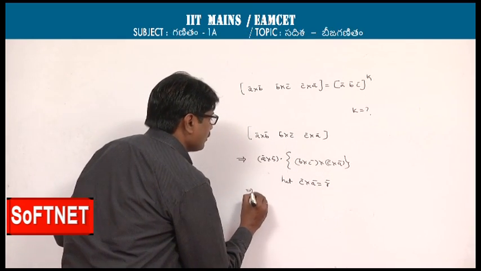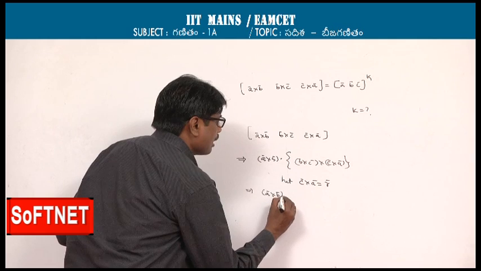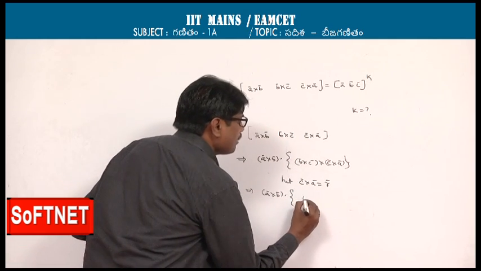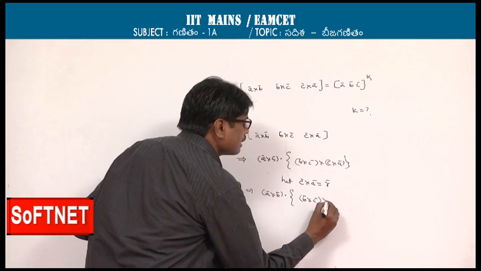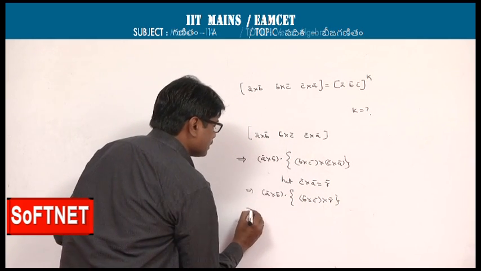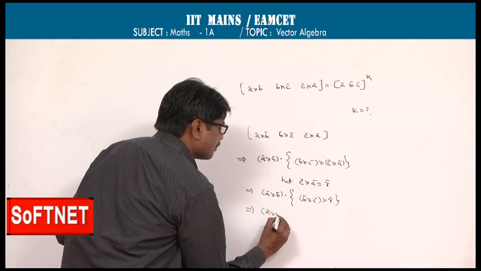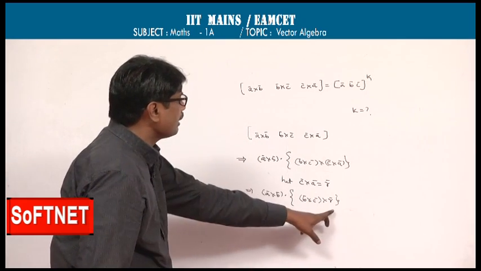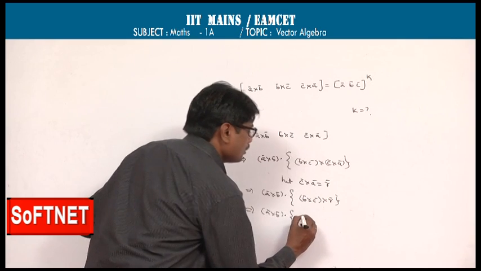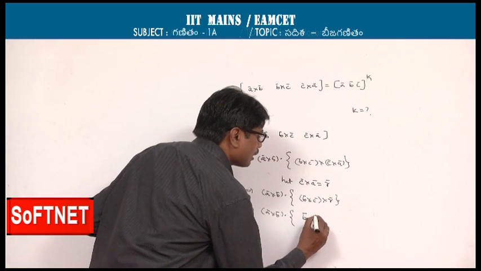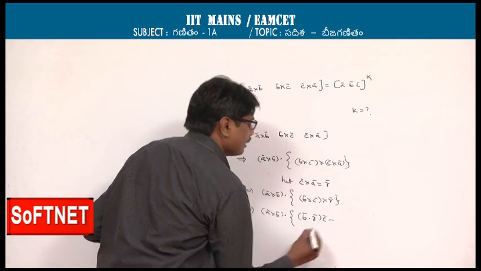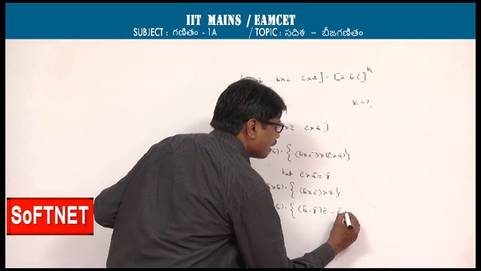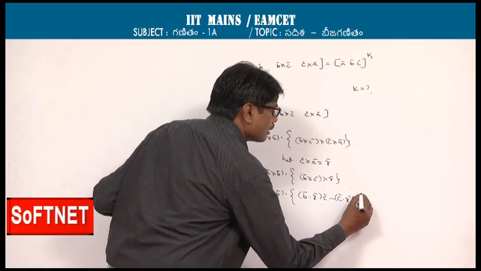Then the above value will be A bar cross B bar dot B bar cross C bar cross R bar, which is nothing but A bar cross B bar dot, open expand from the left, B bar dot R bar into C bar minus C bar dot R bar into B bar.